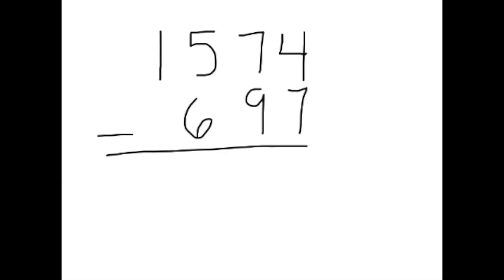Our first problem, we're going to take 1574 minus 697. We're going to go ahead and say 4 minus 7. We cannot do that. We need to borrow from the 7. We'll make that a 6 and bring our 1 over, and that is 14 minus 7 is 7. We cannot take 9 from 6, so we need to borrow again.